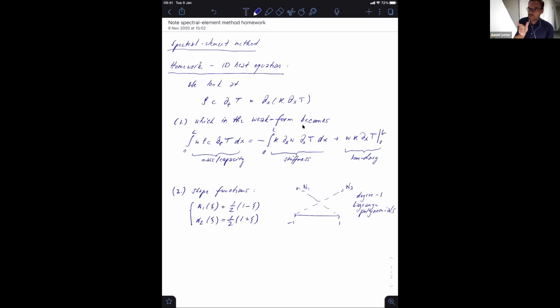We set the reference range to be between -1 and +1, which then leads to these two shape functions, N1 and N2. If we would define our reference range to be between 0 and 1, for example, then the shape functions would look different. But you can look up the notes to see how we actually define these coefficients of a linear function, such that they obey our reference range, for example.